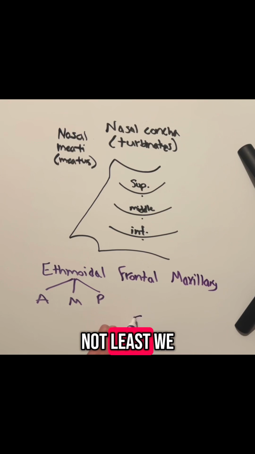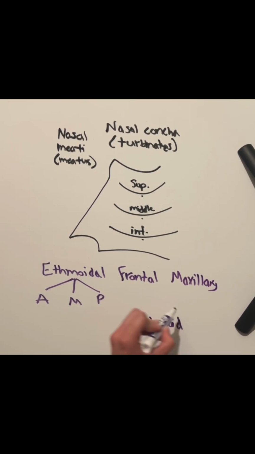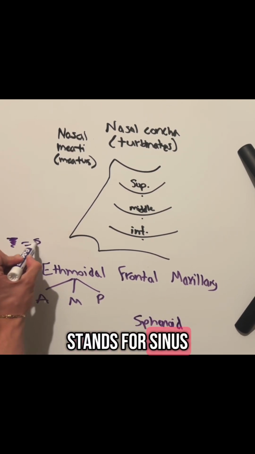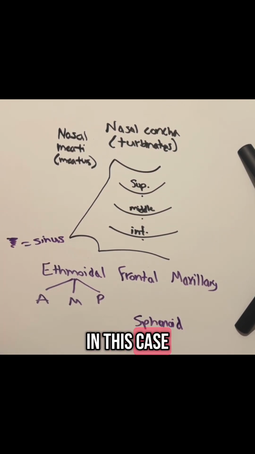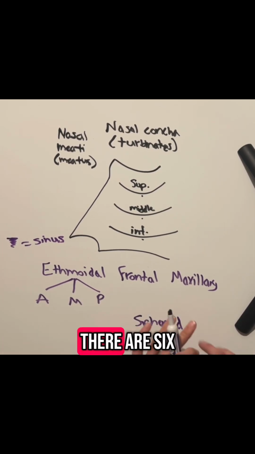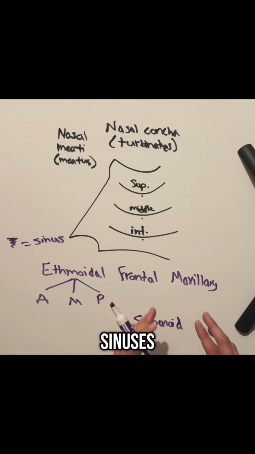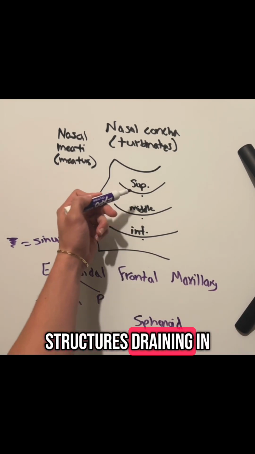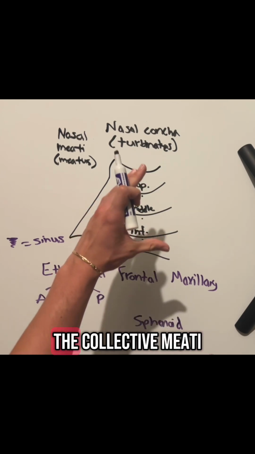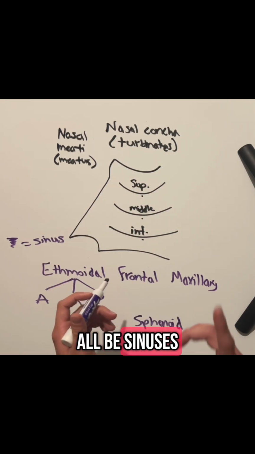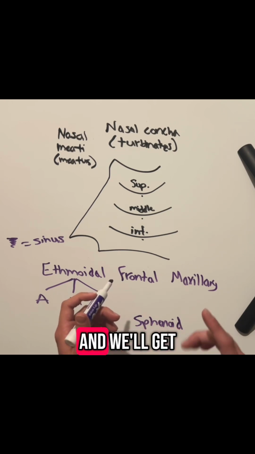And last but not least, we have the sphenoid sinus. Purple stands for sinus in this case. So boom, 1, 2, 3, 4, 5, 6. There are 6 sinuses. Now, we will have 6 total structures draining in the collective meati, but they won't all be sinuses. There's going to be one exception, and we'll get into that.